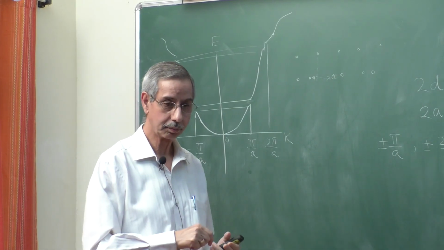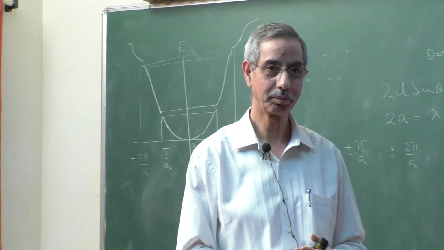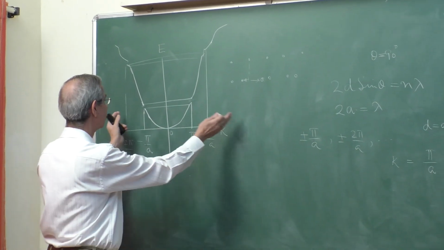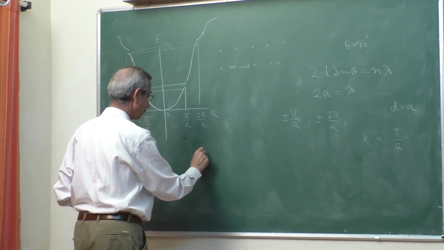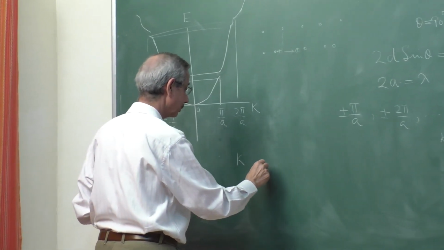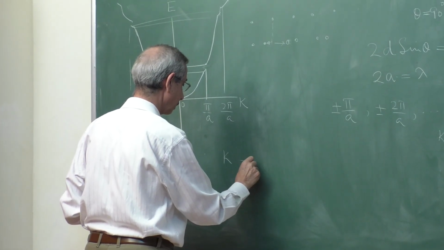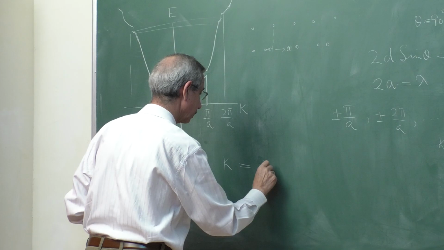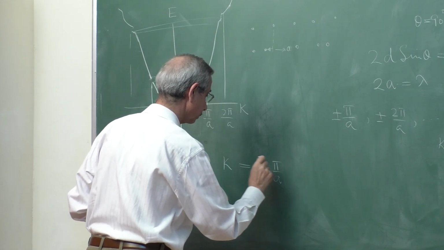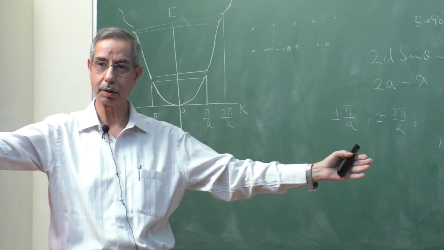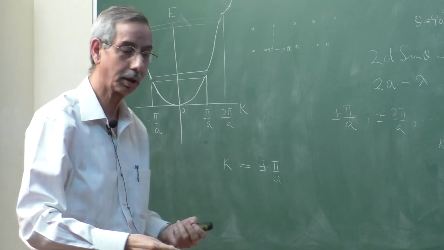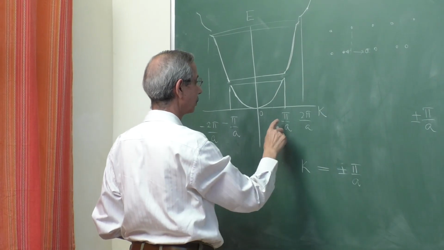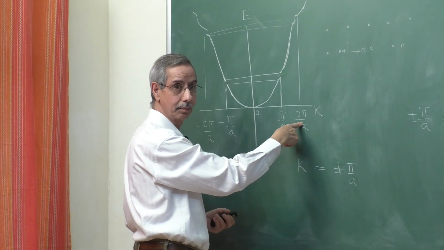There is something called reduced zone scheme. Okay? Reduced zone scheme means what? You are trying to reduce, k cannot have values greater than plus minus pi by a. So you are reducing everything to the first Brillouin zone. Now how do you do that? What you do is, this is between pi by a and 2 pi by a, right?